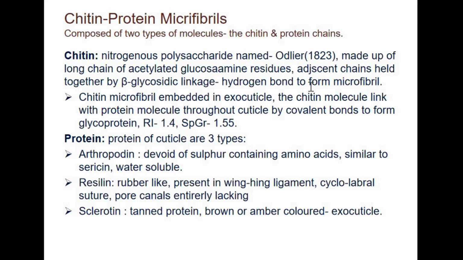The chitin microfibrils are embedded in proteinaceous cement, particularly in the region of the exocuticle. The chitin molecules are linked with the protein molecules throughout the cuticle by covalent bonds.